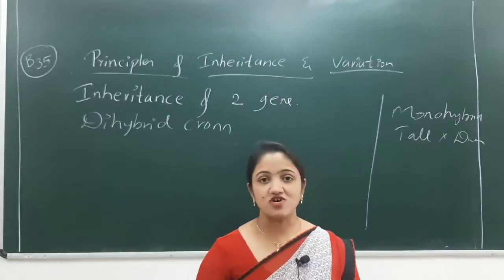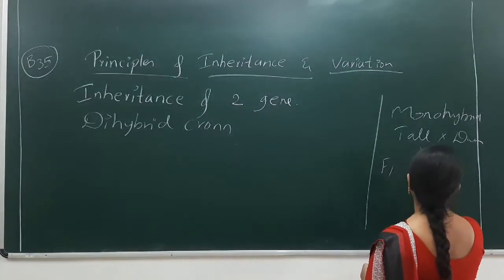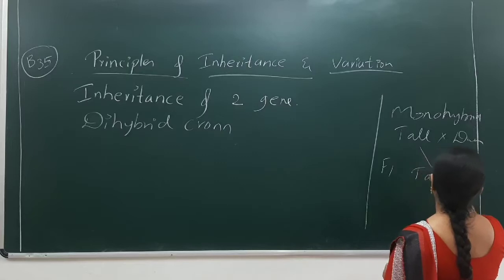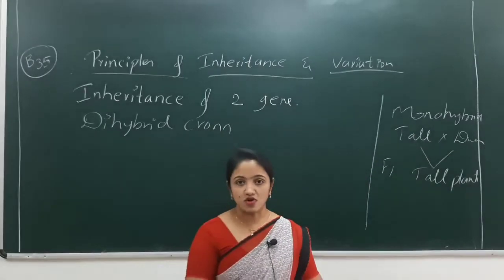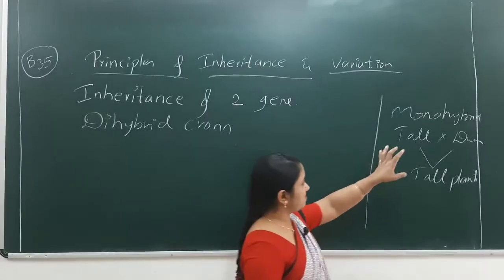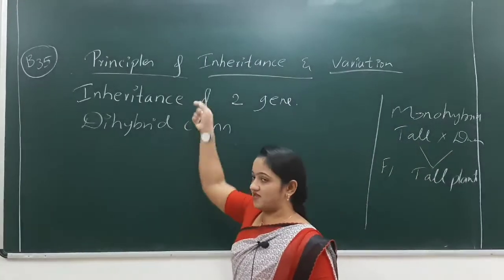And what was the result? In the F1 hybrid, he got the tall plant. Why am I repeating this? Because this was the first case study we studied in this chapter.